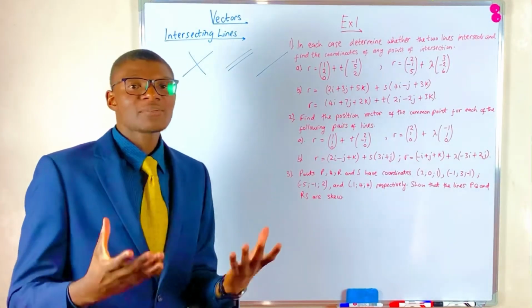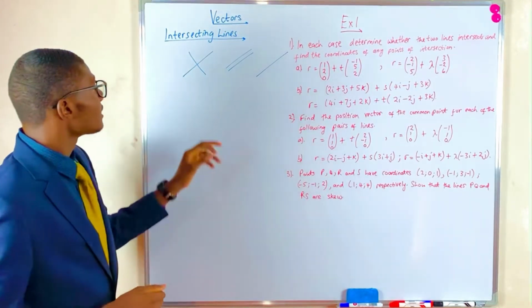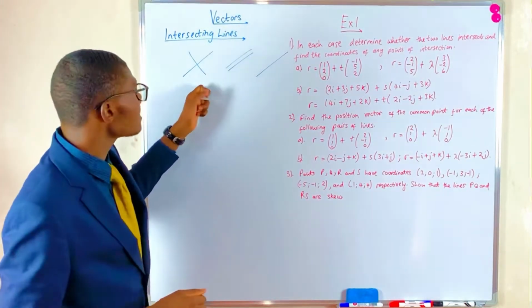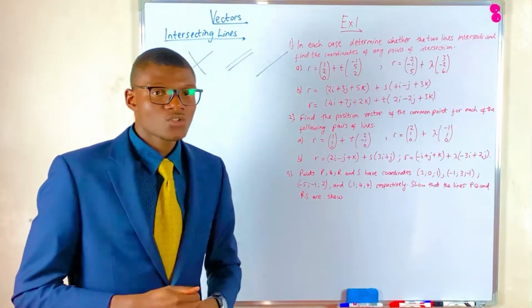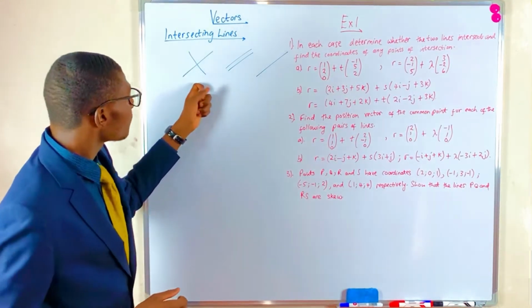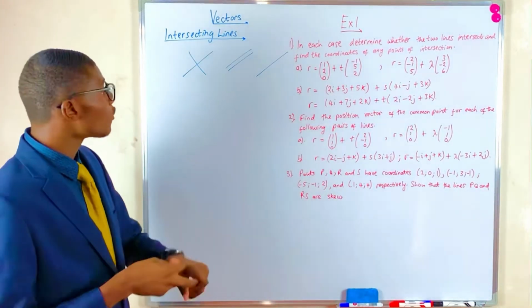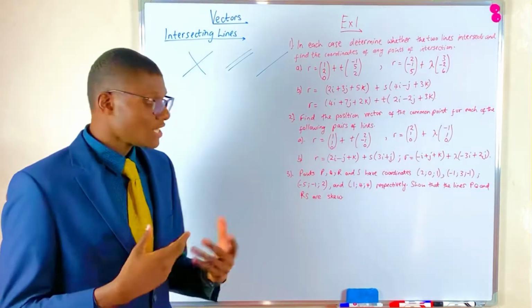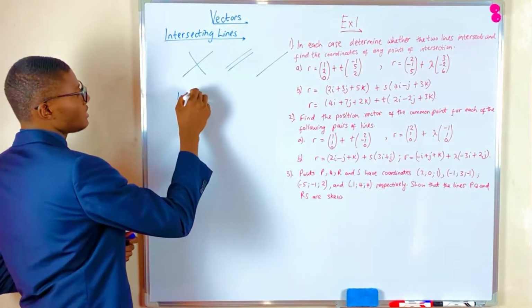In 3 dimensions, there is a fourth possibility: that the lines are neither intersecting, parallel, nor coincident. When two lines don't intersect, are not parallel and are not coincident, we say that they are skew.